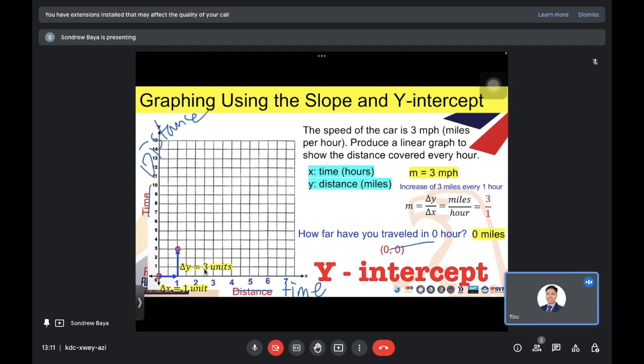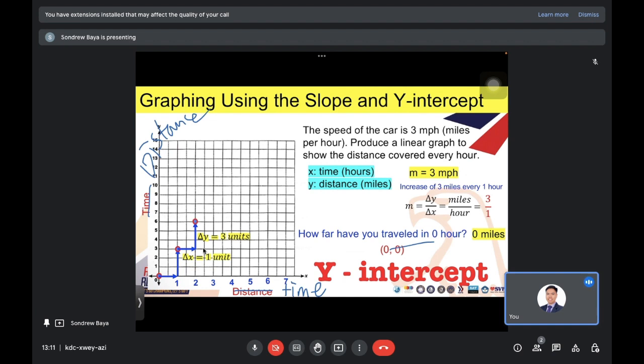Now, similarly, if we continue from this point onwards, the slope is still the same, meaning for every 1 hour you cover 3 miles, and that's the next point. So the idea here is to locate the next points.